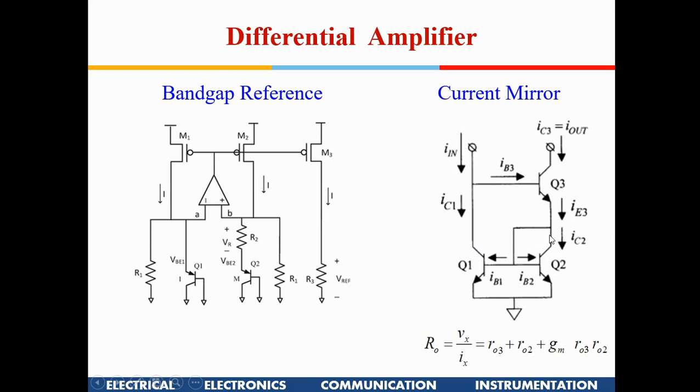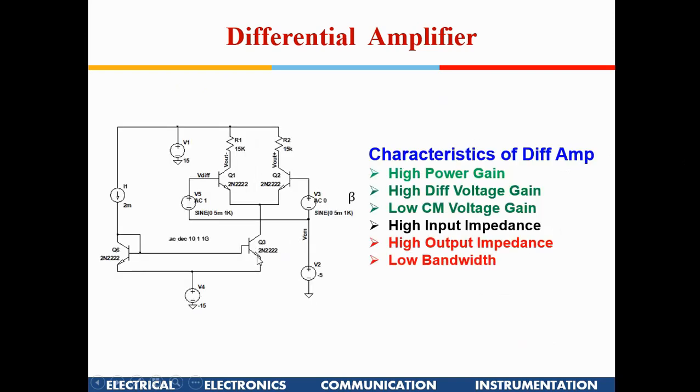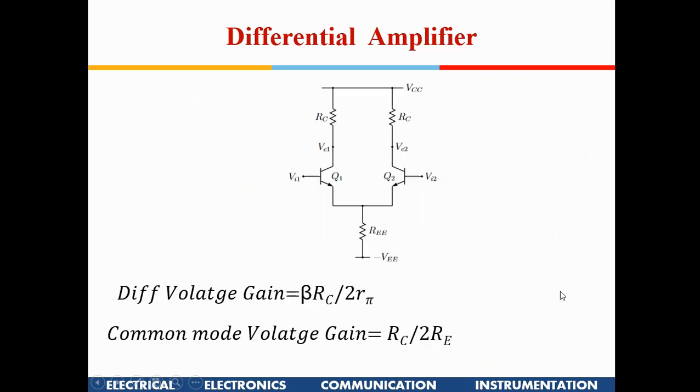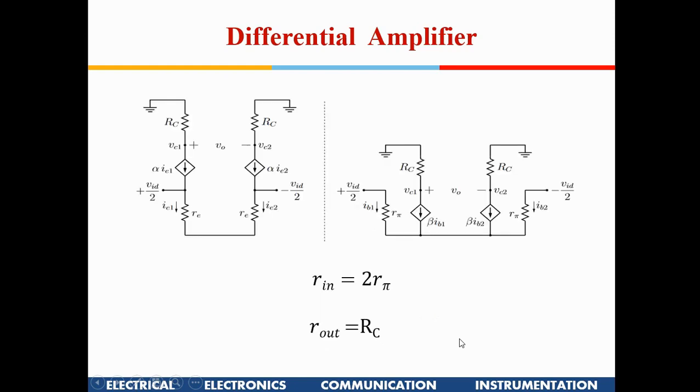There are many current mirrors available which have a high output resistance. So this R0 has to be high for making the common mode gain as low as possible, so that ultimately that will result in lower common mode gain, right?